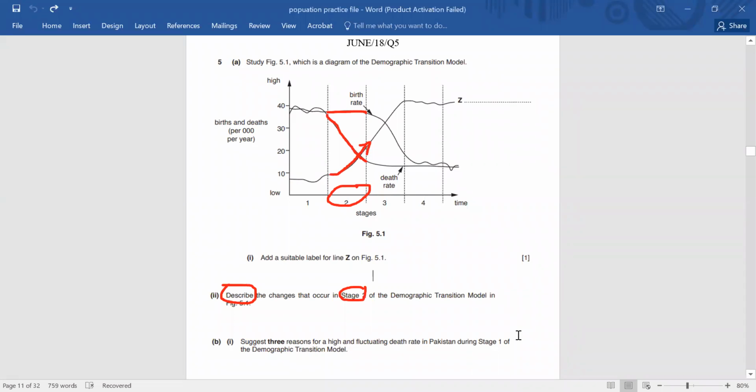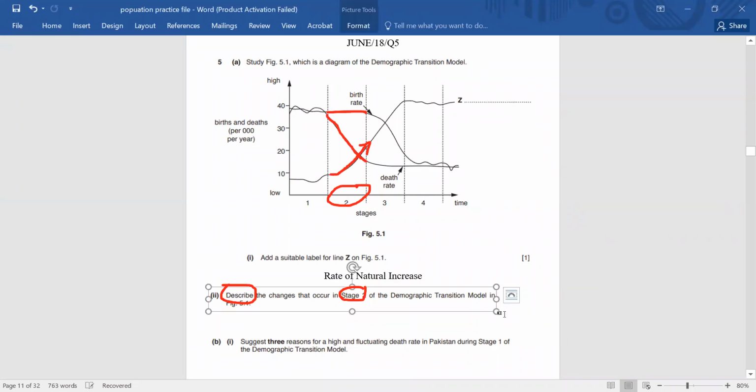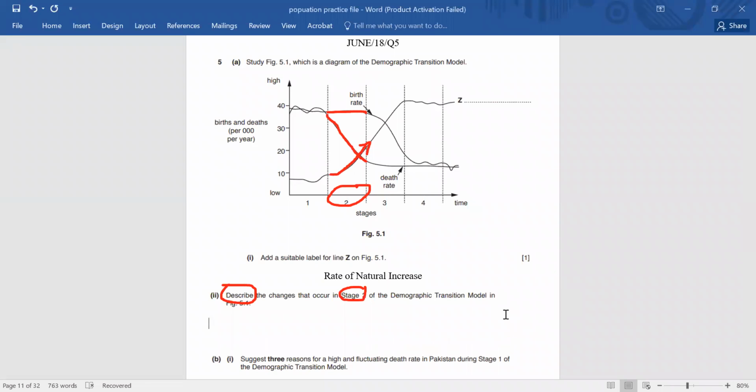When we are to solve this question, we will say in stage 2, number 1, the birth rate almost stays the same, as it slightly increases then decreases.